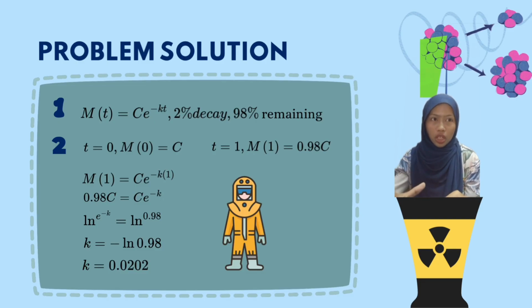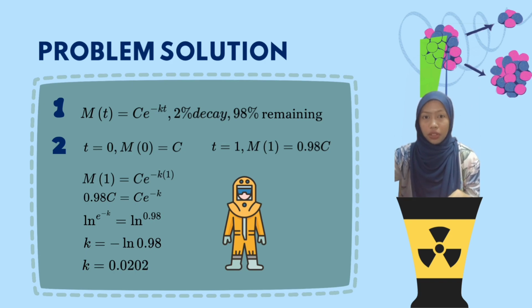So the general formula for exponential decay is m(t) equals c e to the power of negative kt. m(t) is the amount remaining after time t. c is the initial amount, k is the decay constant, and t is the time in years. Now let's apply the information given in the question. At time t equals 0, m(0) equals c.